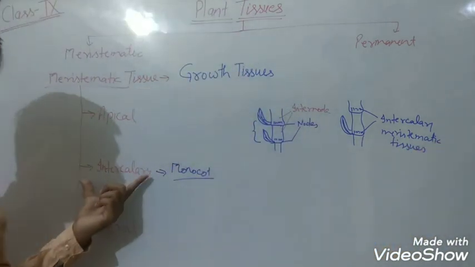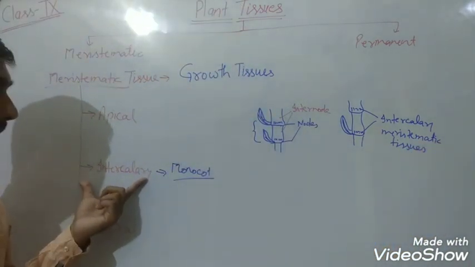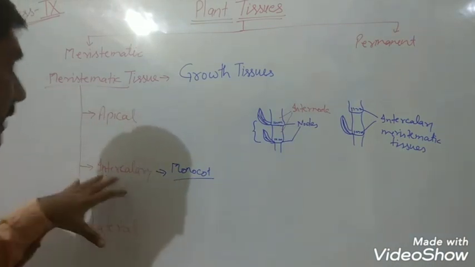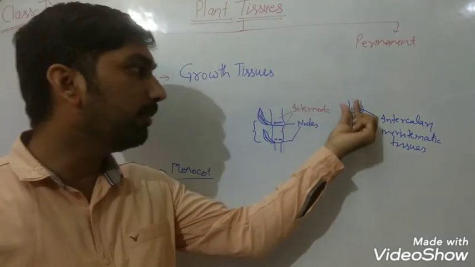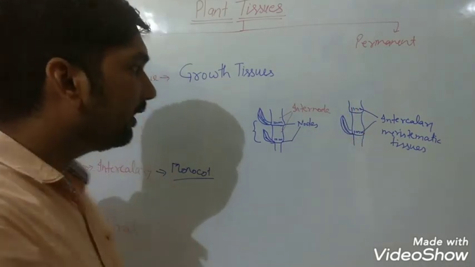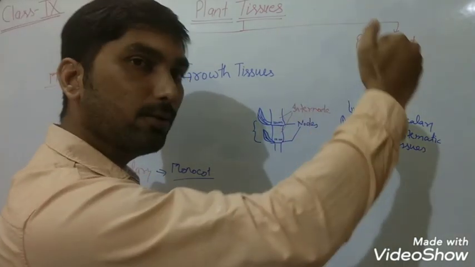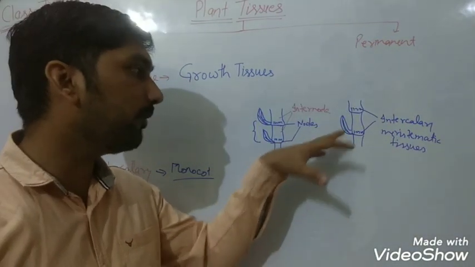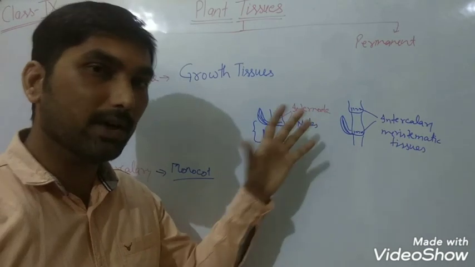So what are intercalary meristematic tissues? These tissues are present in the monocot plants, and where are they present? At the base of the nodes, so that the internode region can grow properly, and these are also responsible for the growth of the leaves and buds.